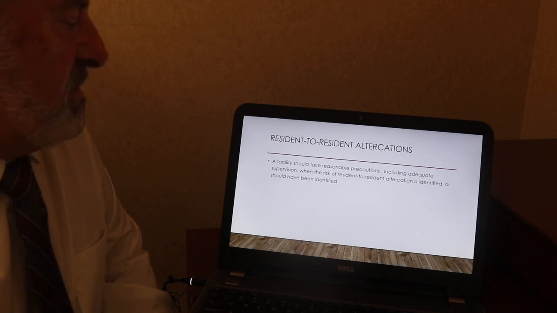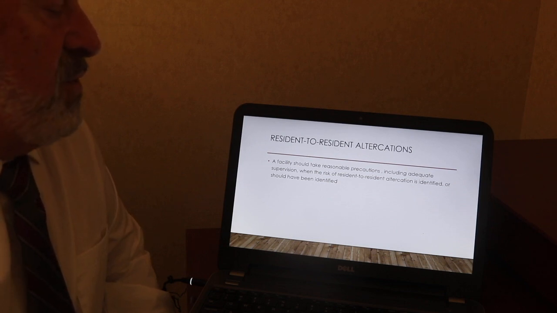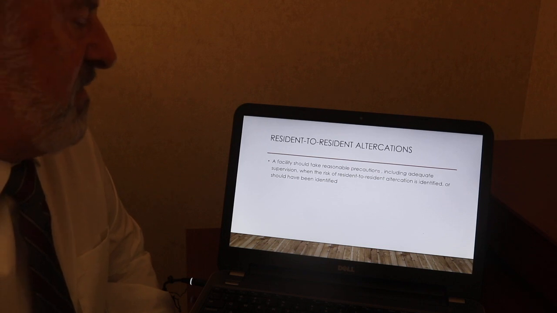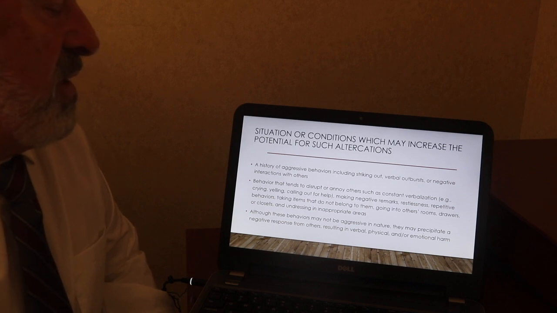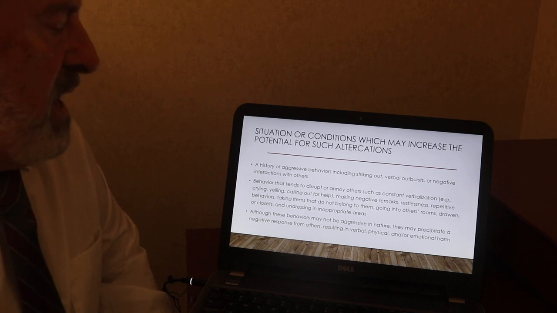Resident-to-resident altercations. A facility should have taken reasonable precautions, including adequate supervision, when the risk of resident-to-resident altercation is identified or should have been identified. A history of aggressive behaviors, including striking out, verbal outbursts, or negative interactions with others.